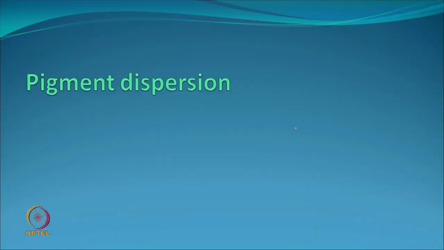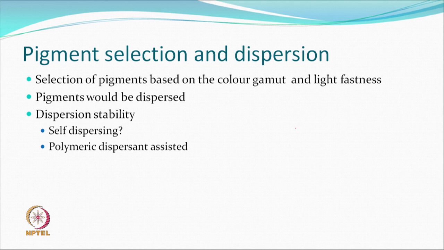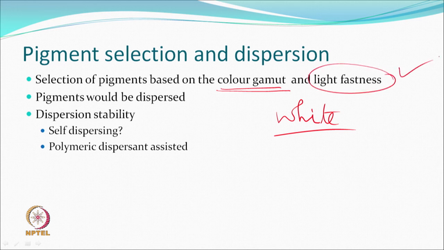So, let us say pigment dispersion. What pigment will depend on the color gamut? Normally we expect 4 colors should work, but in case required more could be used. White is one other than the CMYK, we may have white. Of course, we expect these to have high light fastness.